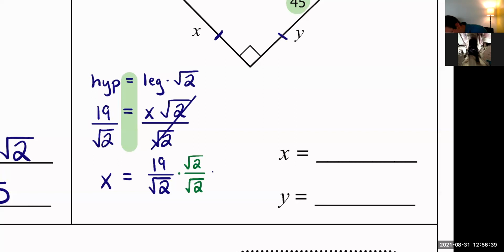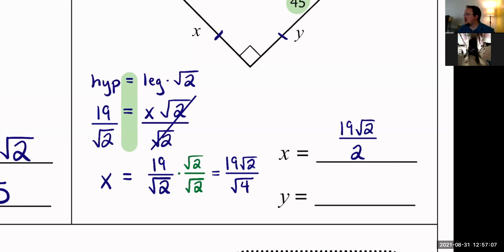So what that becomes is 19 square roots of 2 over the square root of 4. And what is the square root of 4? 2. So x is 19 times the square root of 2 over 2.